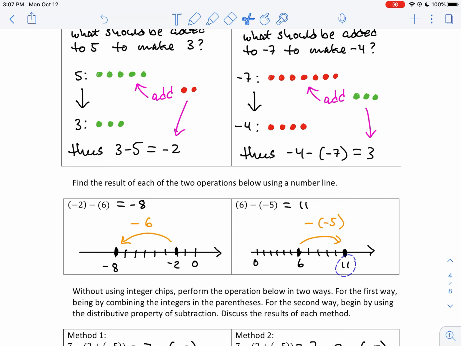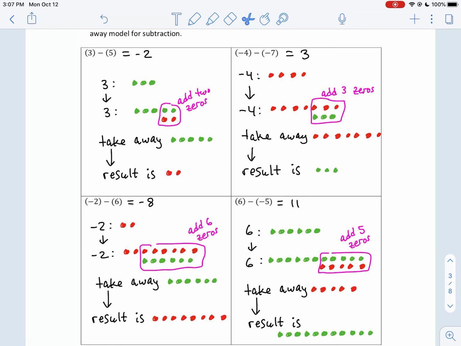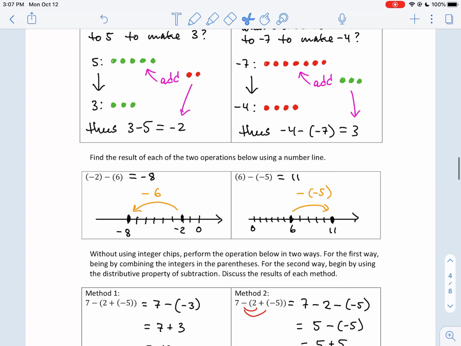We go right 5 units to get to 11. You'll notice that these 4 problems were the same 4 problems over here, just using different models. Here we did takeaway models to do all 4, and then I did 2 of them using the compare model, and 2 of them using a number line approach.